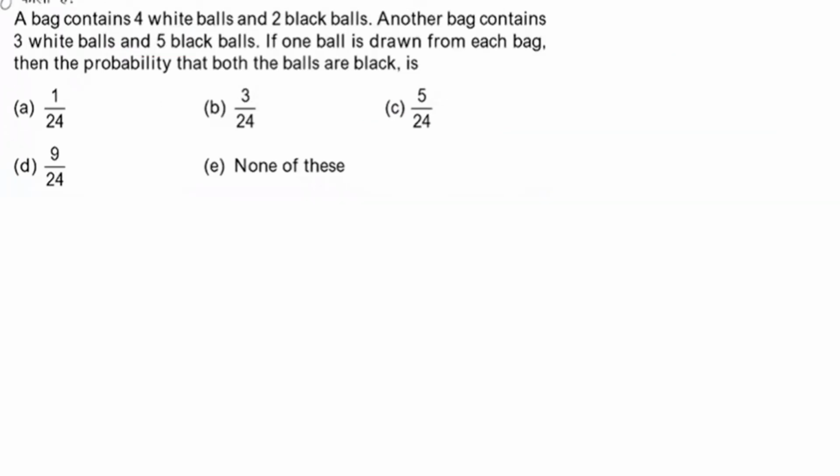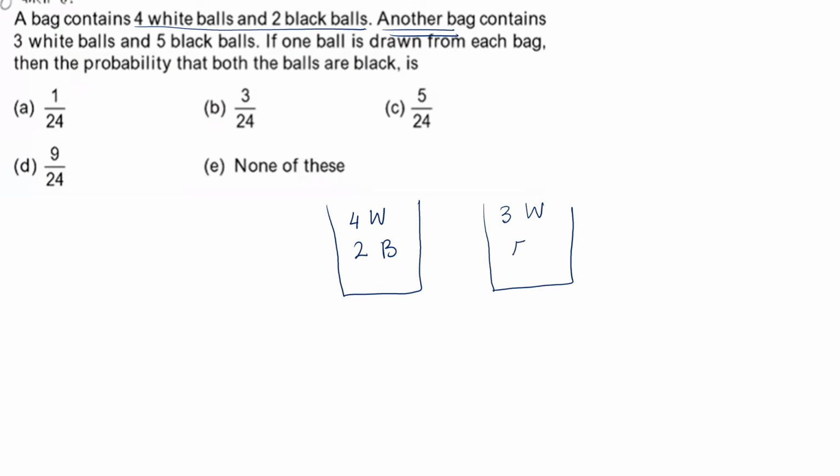Try to understand this question. A bag contains 4 white balls and 2 black balls. Now there is another bag, which contains 3 white balls and 5 black balls.